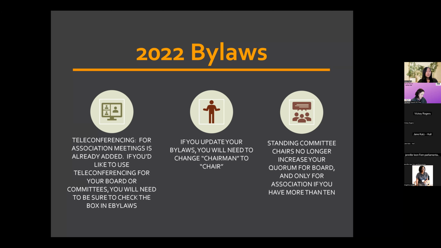Another thing to note on e-bylaws is that teleconferencing is already a part of the bylaws now for association meetings, so you don't have to do anything for that. But the default on e-bylaws for teleconferencing for your board or your committees is no teleconferencing. So if you want to keep that in your bylaws, you have to make sure to check the yes box so that it will be included in your bylaws.